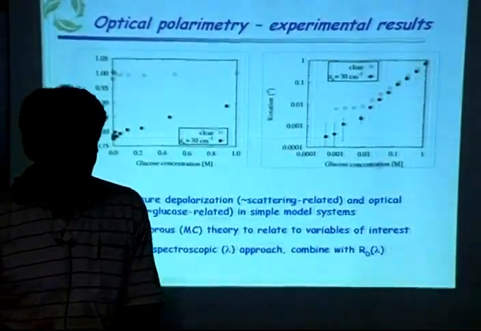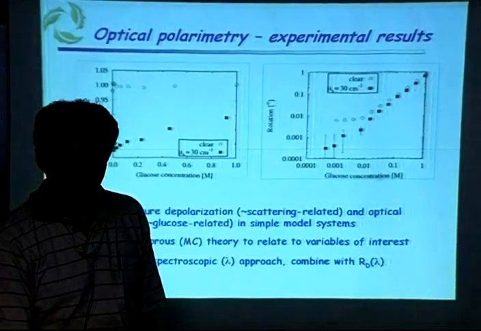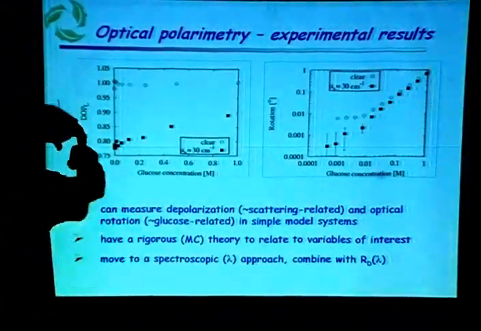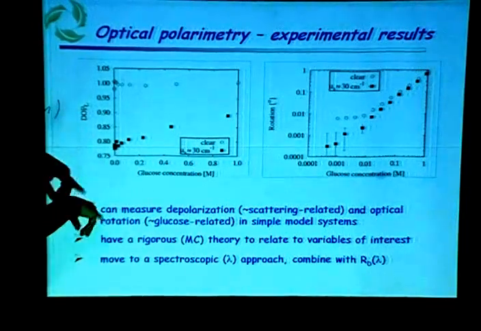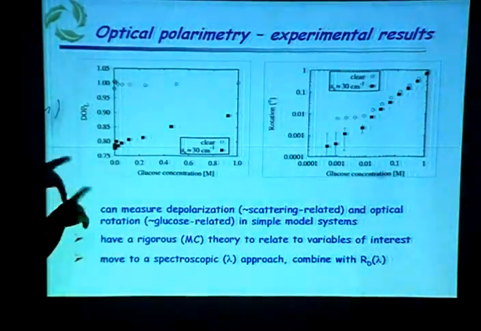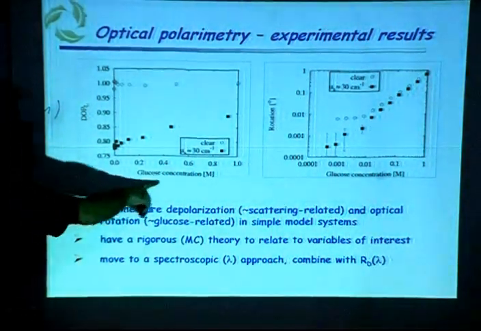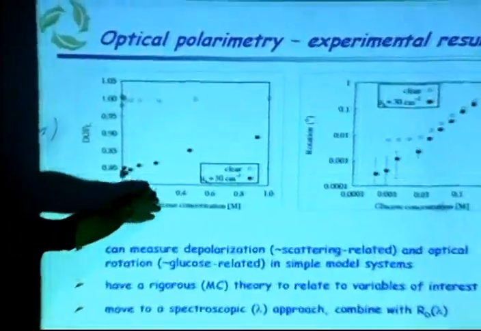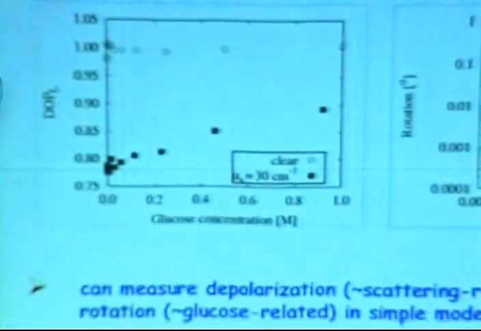So these are some of our relatively early results, looking at the degree of linear polarization, that thing that I call beta L, as a function of glucose concentration. This is very heavy glucose concentration. The physiological range is basically here.